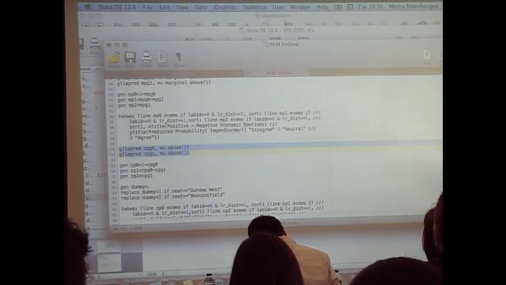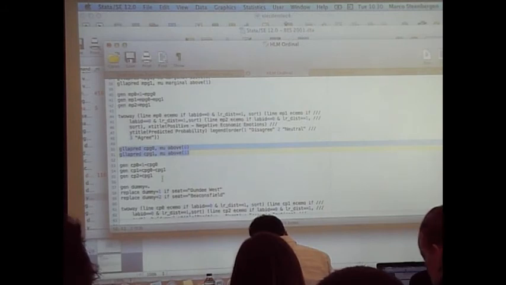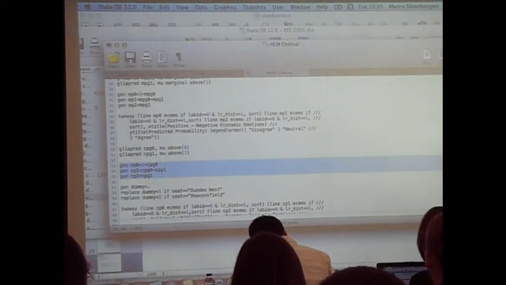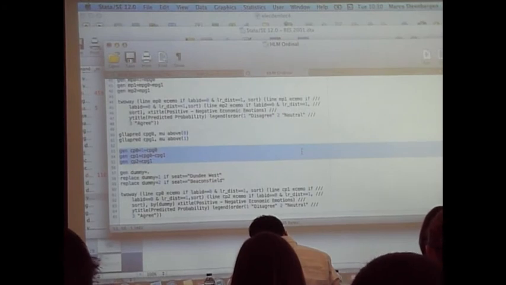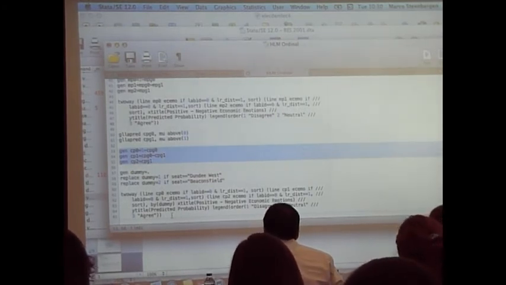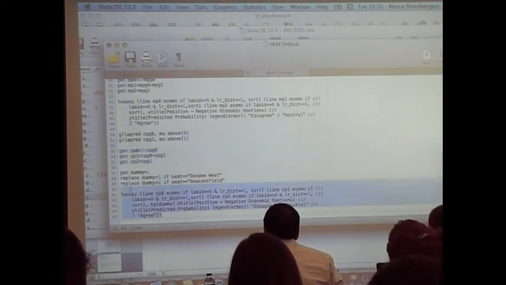So here we have that, and then we convert them to probabilities proper, and then I just want to show them for 2 districts, Dundee West and Beaconsfield.